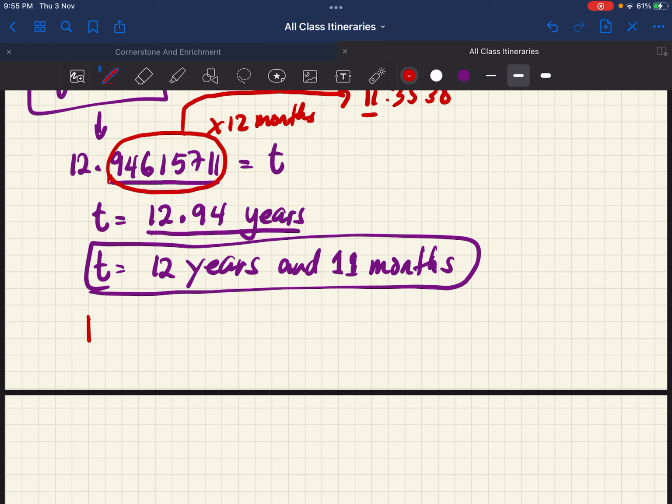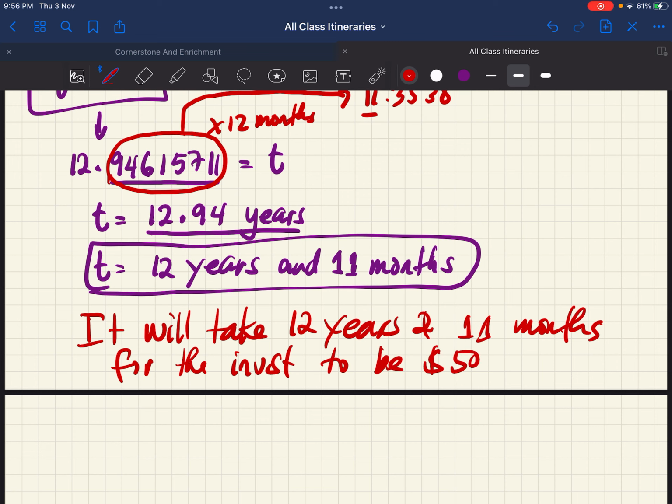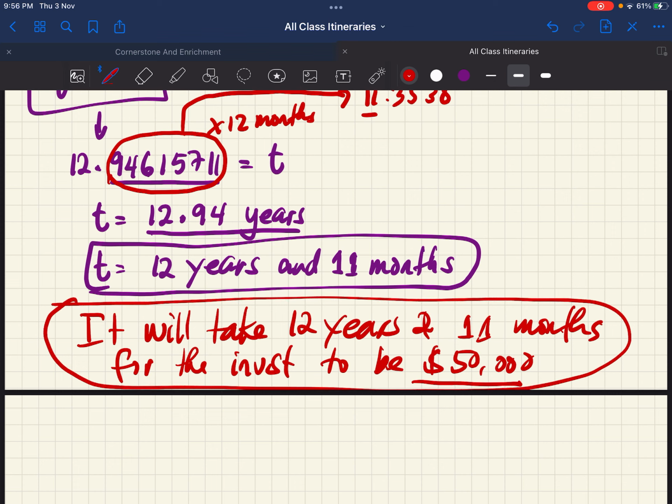It says that it will take 12 years and 11 months for the investment to be $50,000. Okay, so this is now your answer. I hope this helps. Thank you so much.